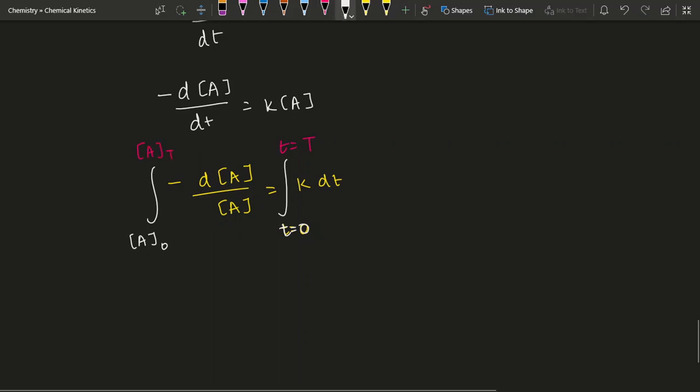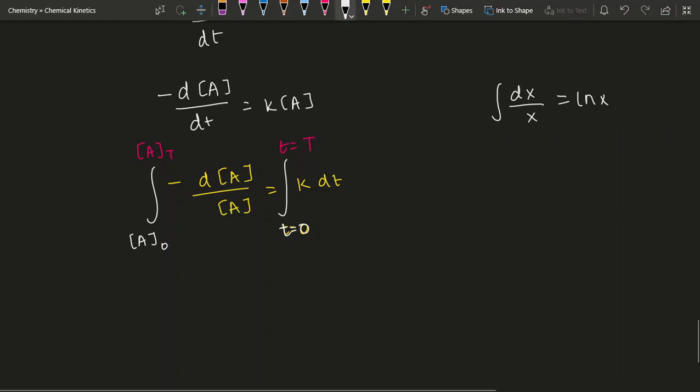Now what you can do is just integrate these equations, and we will use the following thing. The integral of 1 over x dx is equal to ln x. And there is also a constant term, but since you are integrating with limits, this constant term just disappears.